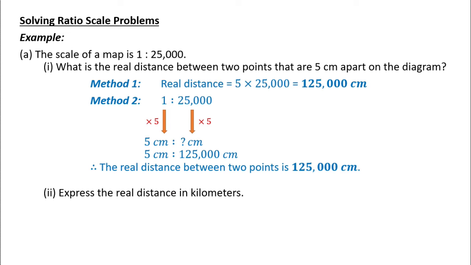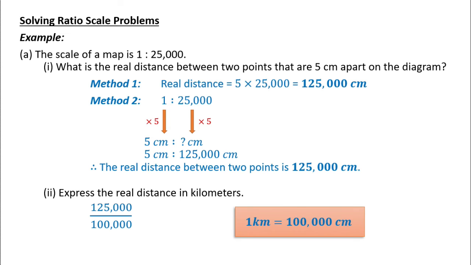Now, remember, 1 kilometer is equivalent to 100,000 centimeters. Converting a small unit to a bigger unit, we need to divide. So 125,000 divided by 100,000 will give us 1.25 kilometers. So the real distance is 1.25 kilometers.